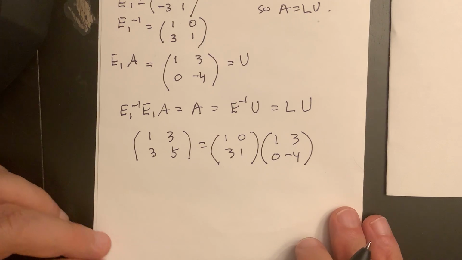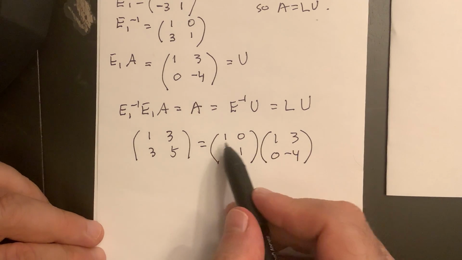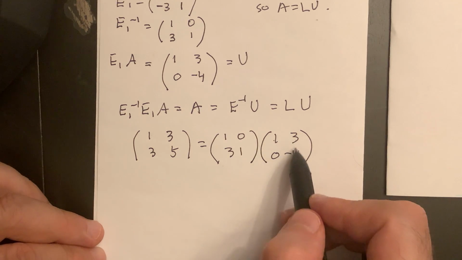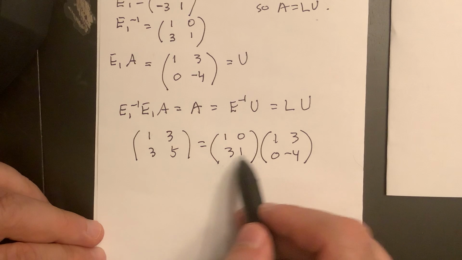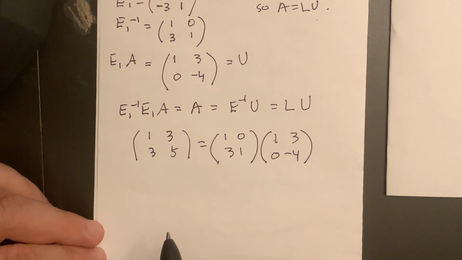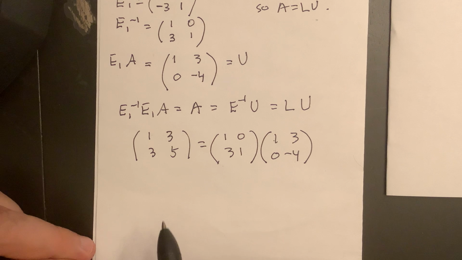A equals LU. Should be right? 1, this row times the first, 1, 3, 1, 3, 3, and 9, minus 4. Okay.